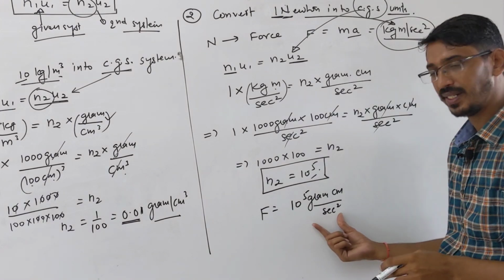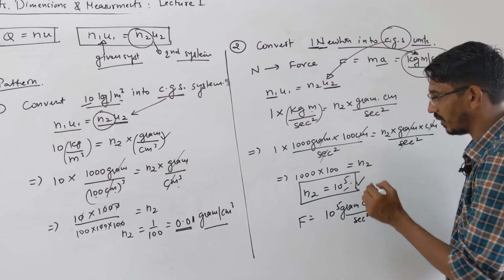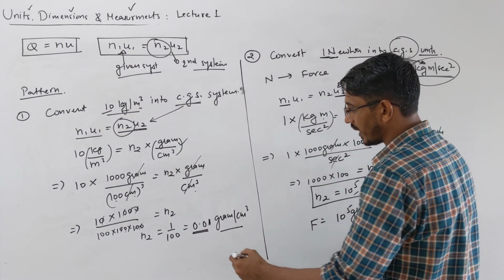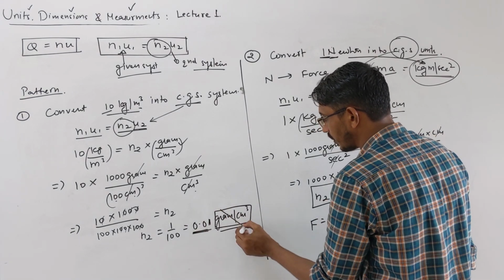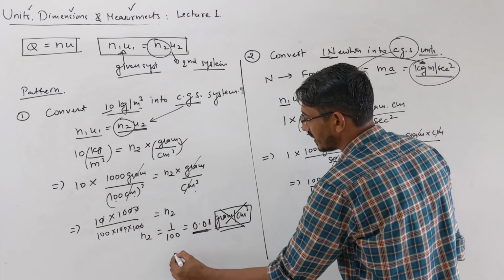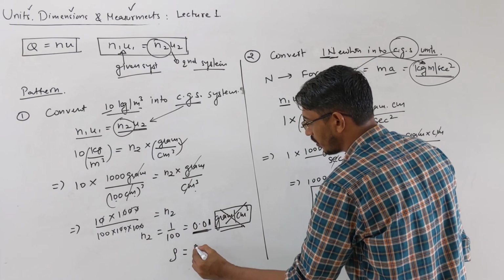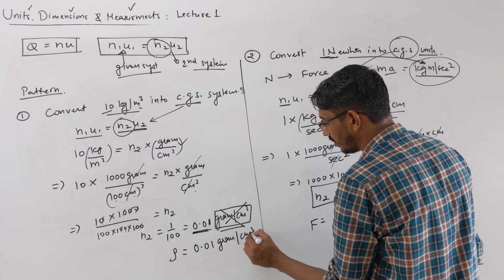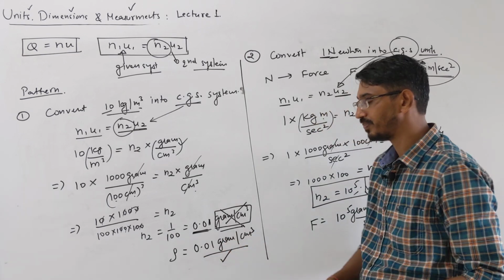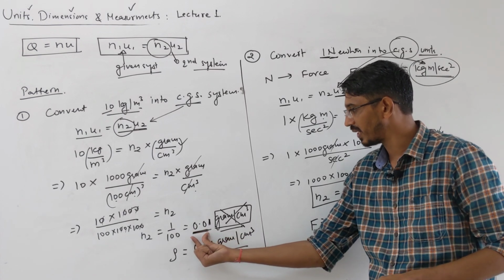That will be your answer. This is just a numerical value only, okay? Like in the earlier question I wrote here, I should not write a unit, because it's a number only. If they ask what is the density rho, then you should write 0.01 gram per centimeter cube. That will be the more appropriate answer, right? Here you are just finding numerical values only.